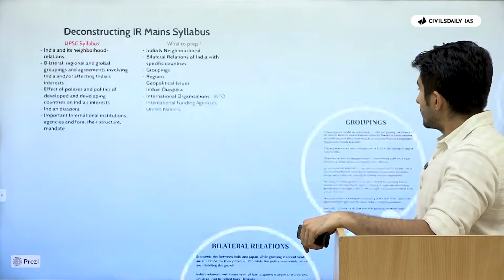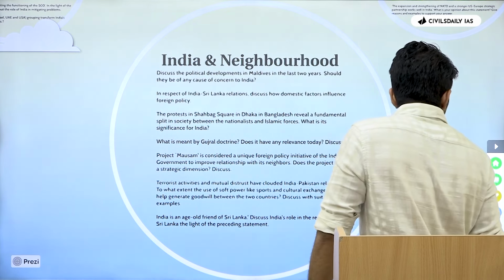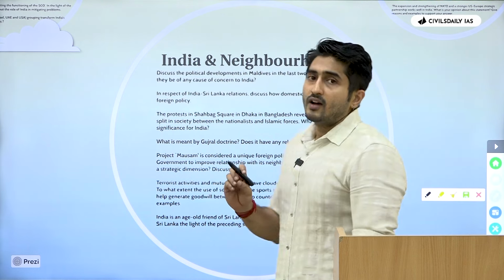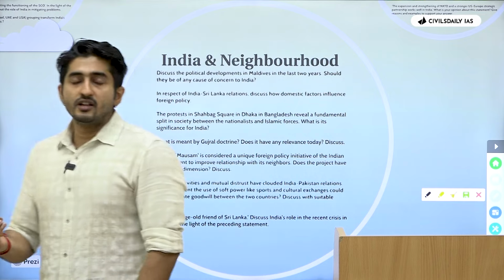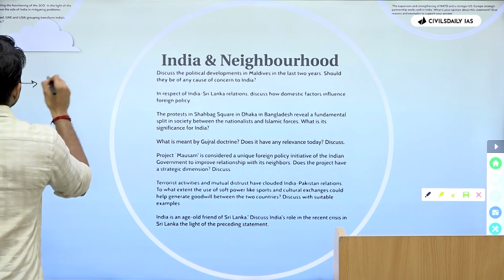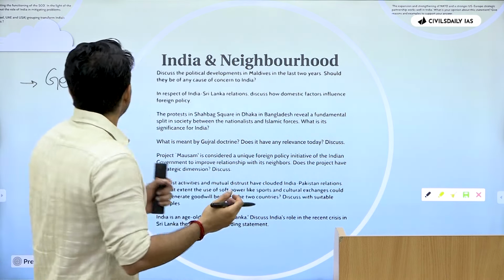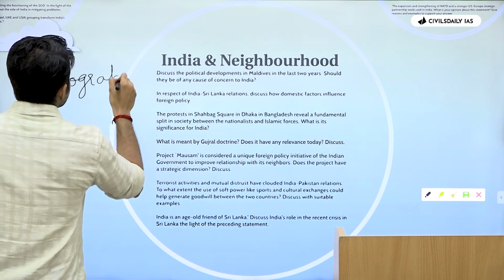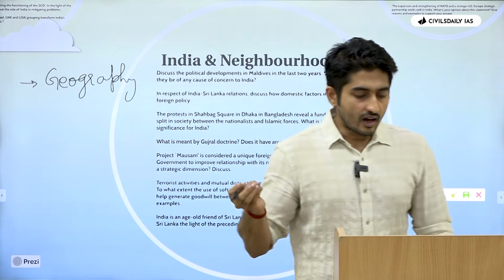So, we first start with India and neighborhood. Now, while preparing any particular country and the bilateral relations of that country with respect to India, focus on these aspects rather than going on the usual PESTLE approach. First, know about the geography of the particular country.